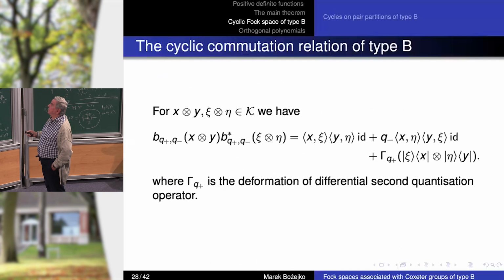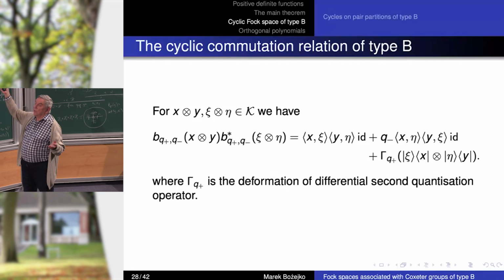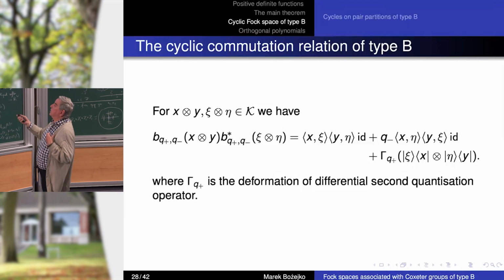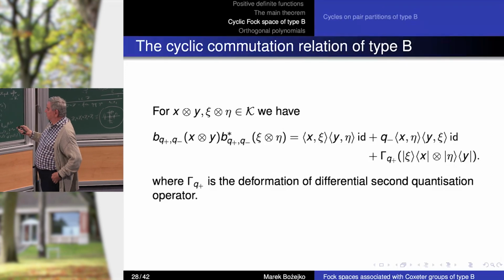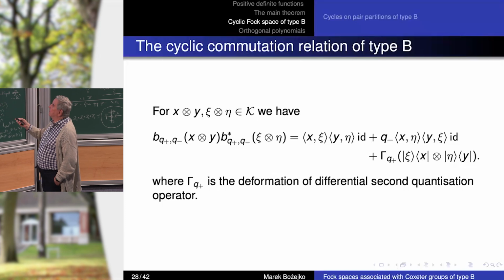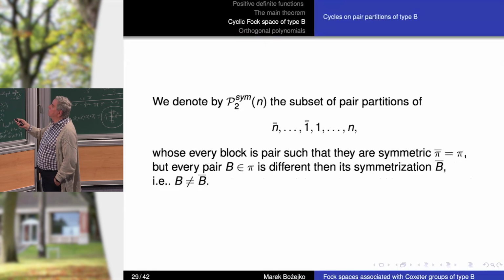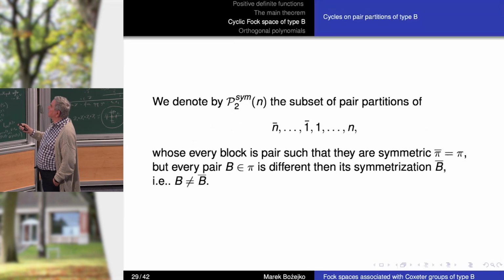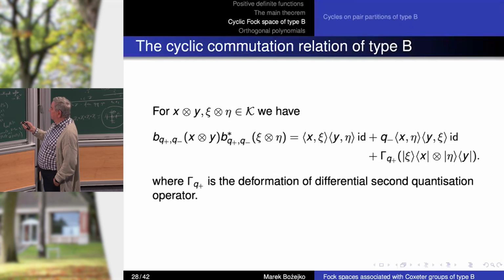And of course, as a physicist, you know that the important thing is the commutation relations. We have a very special commutation relation, and I will not go into details here. You have creation and annihilation operators, so we have a commutation relation.